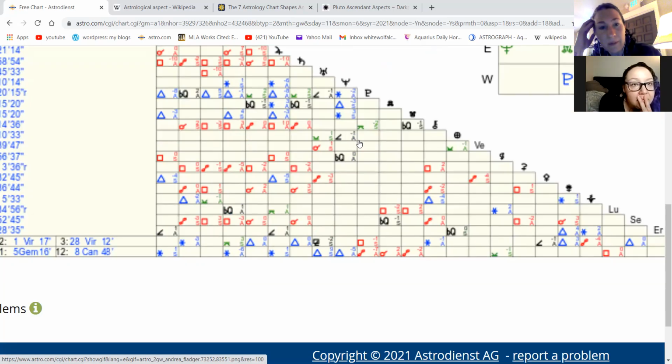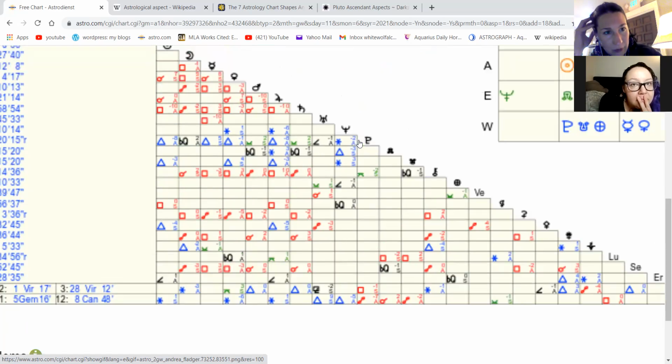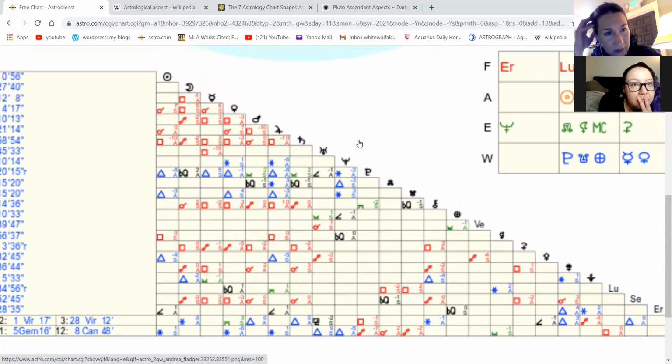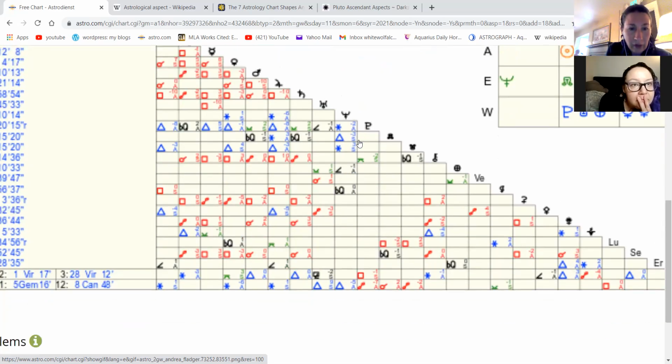It's interesting because you have the Moon trine Chiron, but you also had it conjunct, so that's weird. Reading.